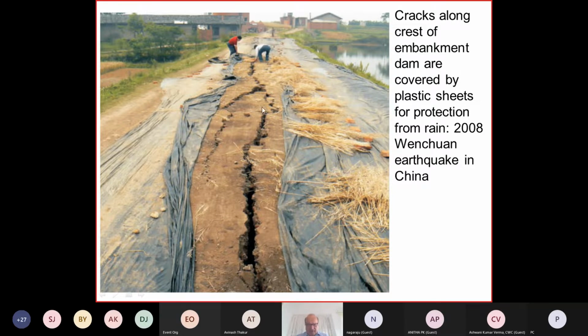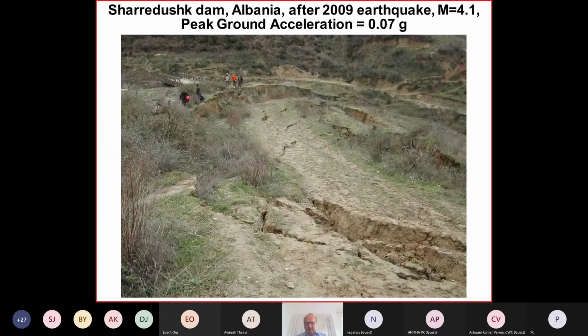So if water came in here, it would build up a water level, and it would build up some water pressure in this crack, which may further increase the crack widths. And if there were an aftershock, it would be more critical, and there could be some failure. So it is a good idea to cover the cracks, especially here, because heavy rain arrived after the earthquake. I must say it's a good idea to show that.